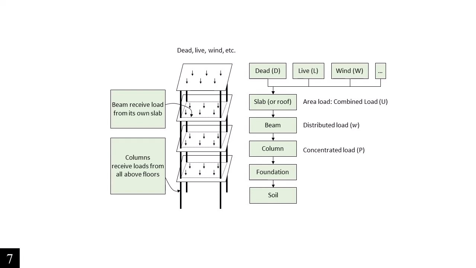As long as they have the same span, the same length, and carry the same load, they usually have the same size. So just remember one more time for me: the beam will receive the load from its own slab, and the column will receive the load from all floors above. We will do more practice on the worksheet, and I will remind you again one more time.